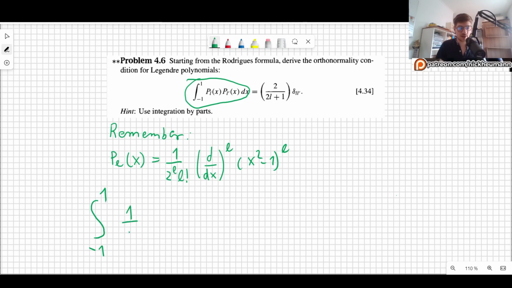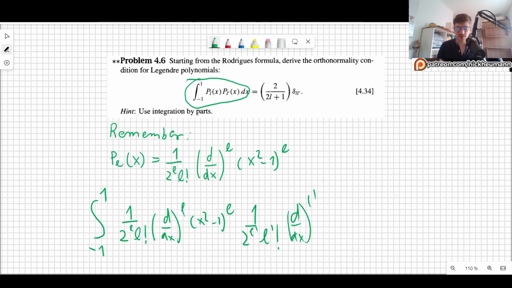And now we just plug in the formulas for P_L and P_L'. So P_L is simply 1 over 2^L L factorial. Then we take L derivatives of (x² - 1)^L. And now we do the exact same thing, but for L' instead of L. So we have L' derivatives of (x² - 1)^L', dx.